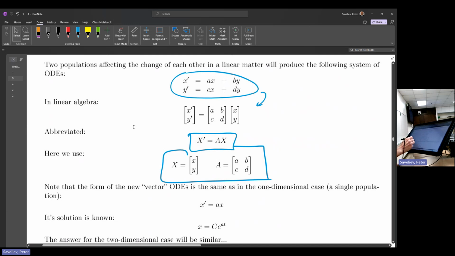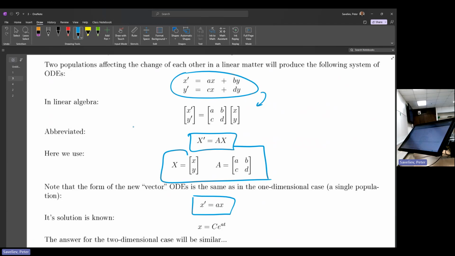If you write this side by side with the one-dimensional case, you can see how similar it is. Instead of lowercase x, I have uppercase X, and in the one-dimensional case, we have the solution lined up, an exponential. So it's not dissimilar. Once again, the solutions that we're going to produce for our system will be made of exponential functions. They combine in a more complex way, but nonetheless, they will be made of exponential functions.